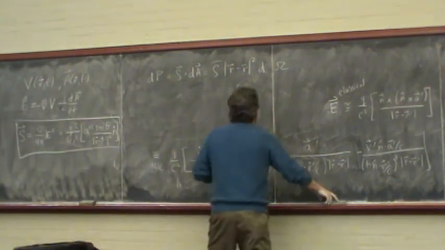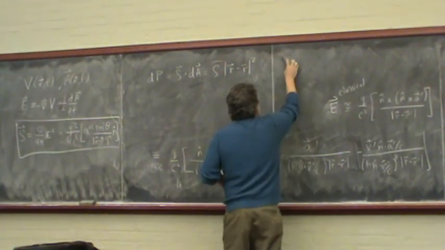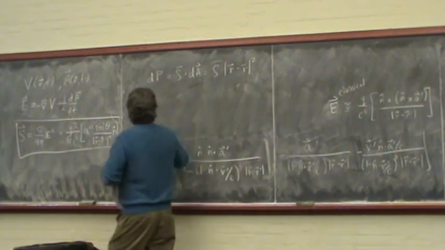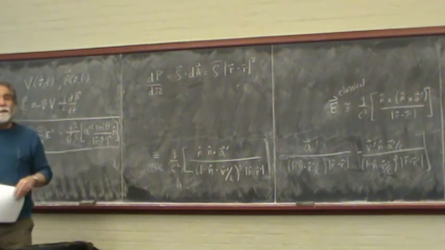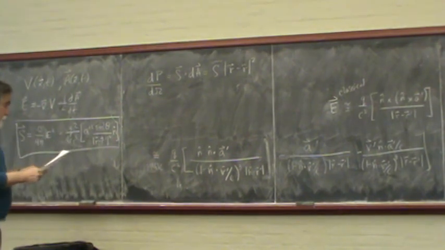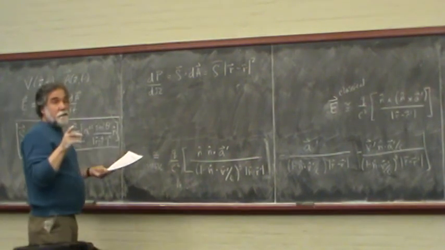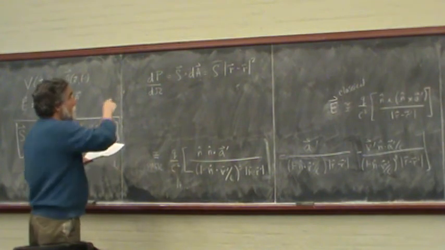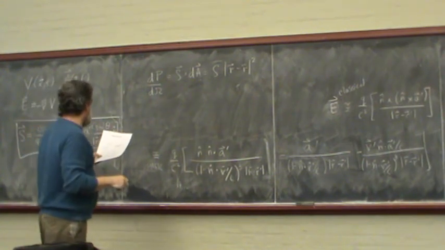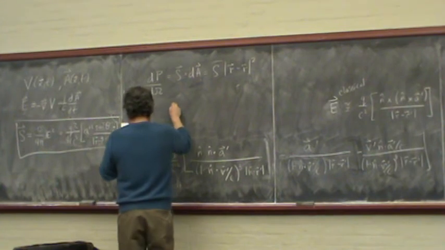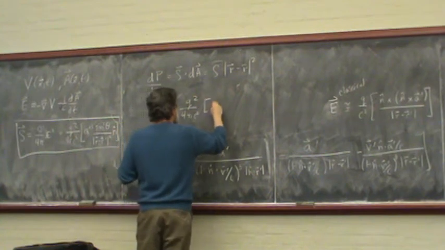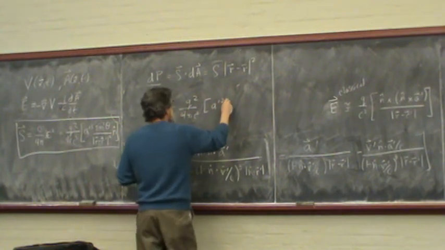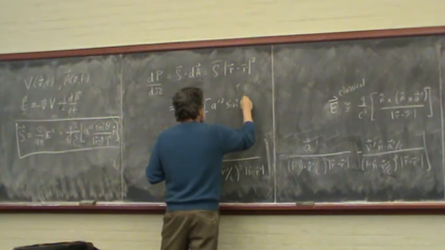So the power per solid angle is the magnitude of the Poynting vector, which depends upon angle, times r minus r prime squared. And finishing plugging that in, it's q squared over 4 pi c squared, a squared magnitude, sine squared theta.